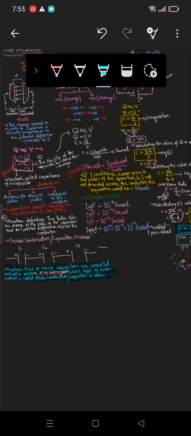Now we have a basic concept of what series combination means. Let's understand the diagram. The mathematical form of capacitors in series we'll do in the next video, but our main motive for today's video is to understand the diagram of capacitors in series.